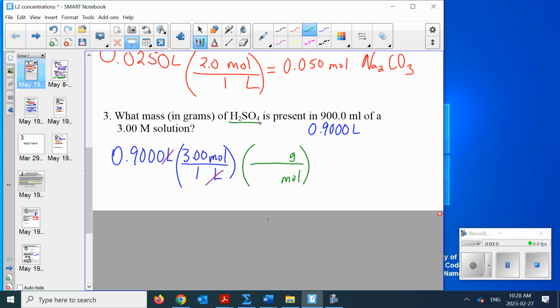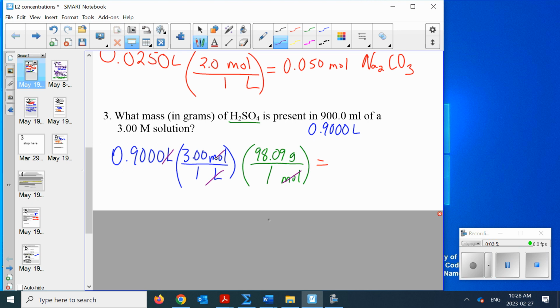Figure that out on your calculator and write down 98.09. That's the definition for 1 mole. Everything's actually multiplying. Everything's on the top. That's why I want you to use flat fractions, so you clearly see what's on top and what's on the bottom. We'll cancel, and we're left with grams.